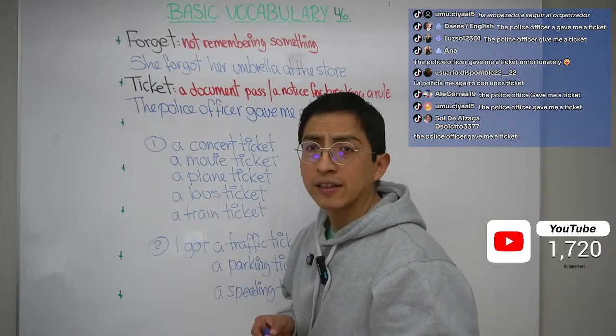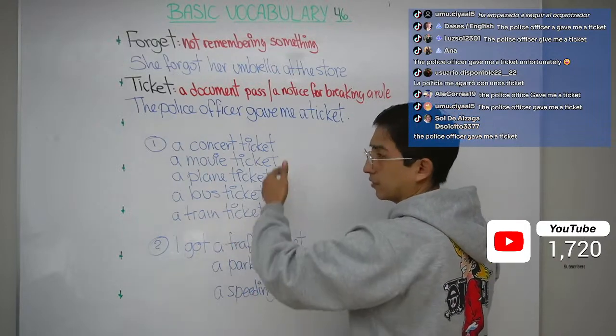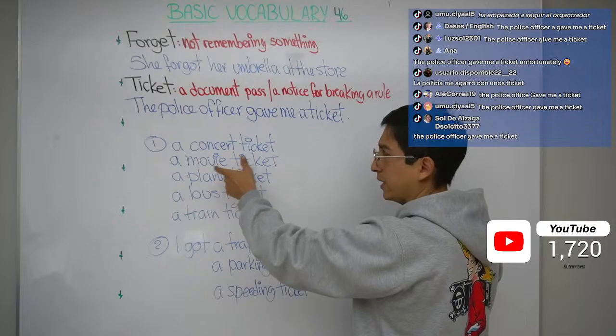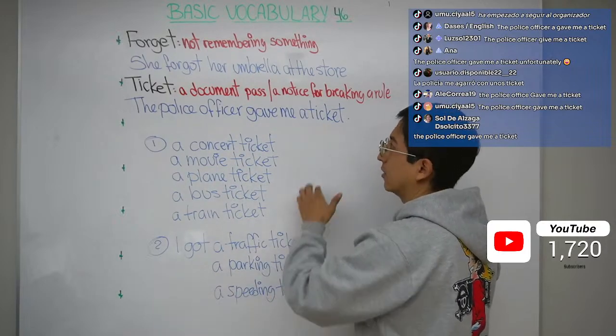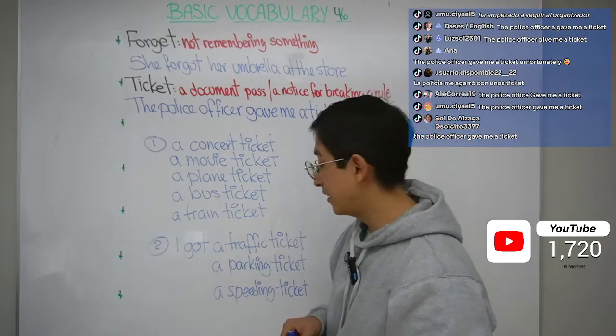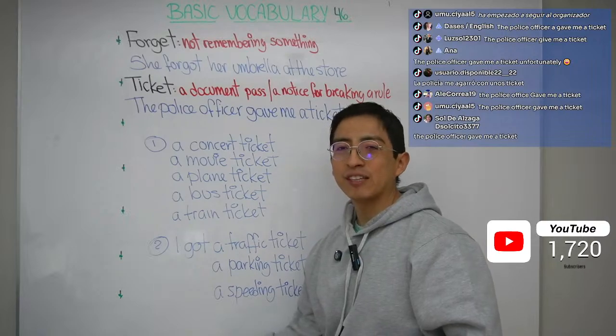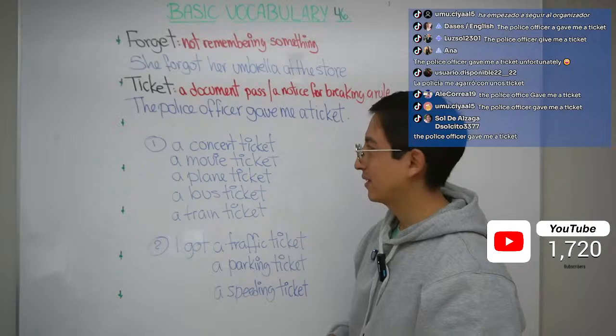In this case, are we talking about the first meaning, or are we talking about the second meaning? What kind of ticket do you think it is? Number one or number two?